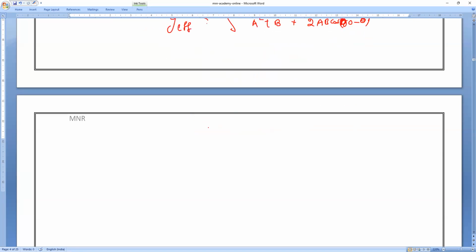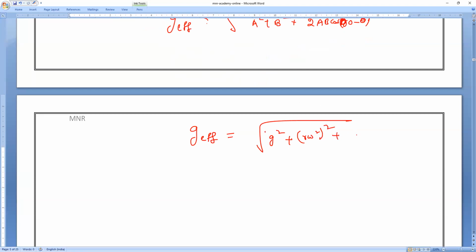Now let me substitute it. G effective is equals to A square means g square, plus B square means r omega square, whole square, plus 2 into A value g, into B value r omega square, into cos 180 minus theta.